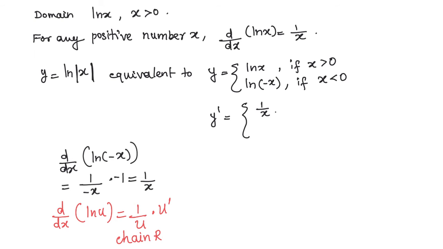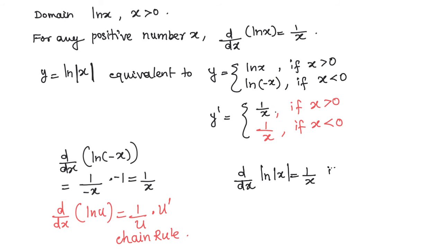That is the chain rule. So if x is negative, also we are getting the derivative equal 1 over x. If x is greater than 0, also it is 1 over x. From this we can conclude that derivative of ln of absolute value of x equal 1 over x for all x not equal 0.